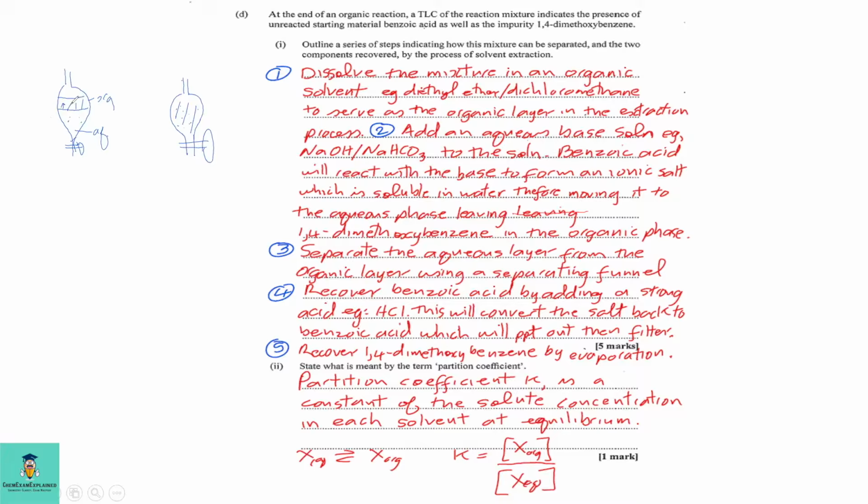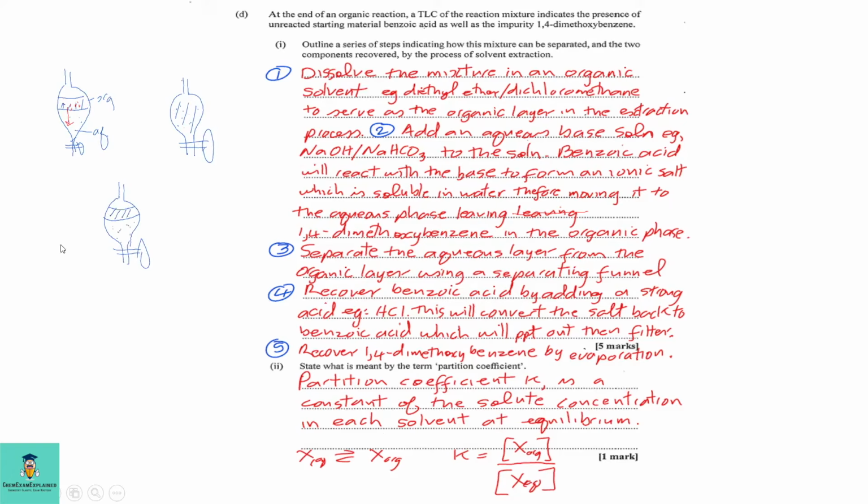So if the solute were here and you want to put it here, when you shake and it settles, you would now have the phases separating again. That's the organic phase. And this here was the aqueous phase.